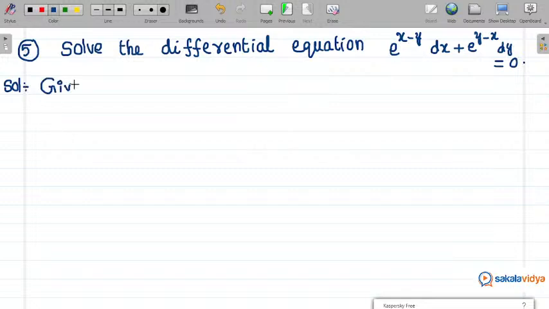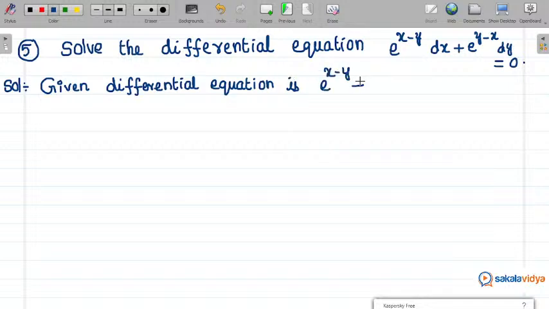The given differential equation is e power x minus y dx plus e power y minus x dy equal to 0.